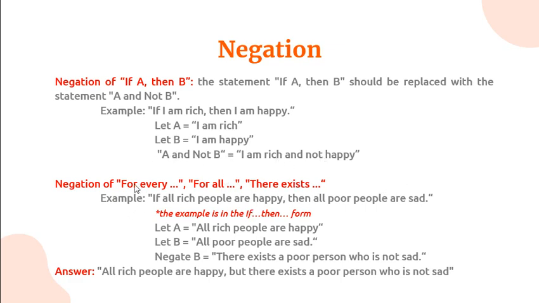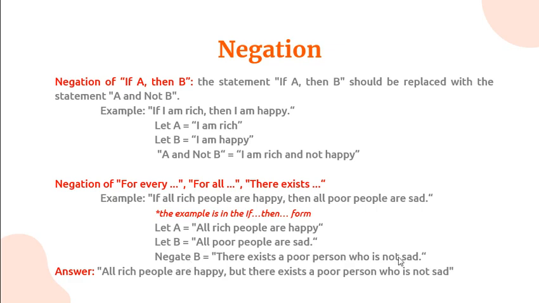For the negation of for all and there exists, you can see it in a sentence. For example, if all rich people are happy, then all poor people are sad, no? We can see in our sentence that its form is if and then, where A is the statement all rich people are happy, and B is all poor people are sad.